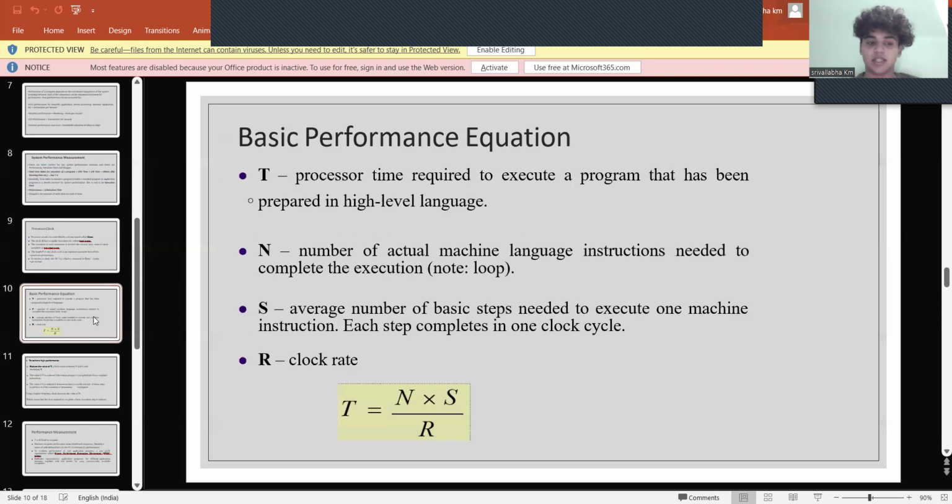According to the formula, if the clock rate increases, the performance is also increased. So we want to reduce T, the processor time, where N and S are decreased and R is increased.